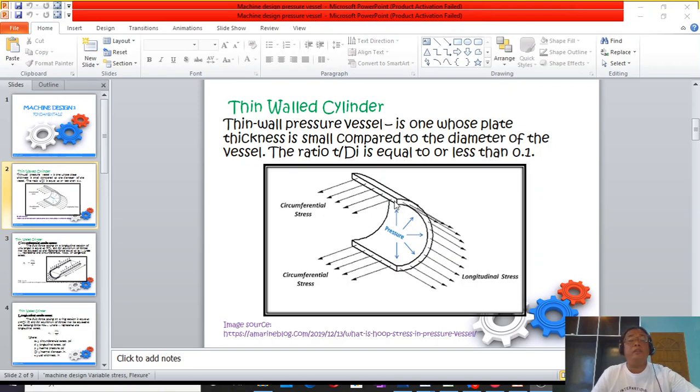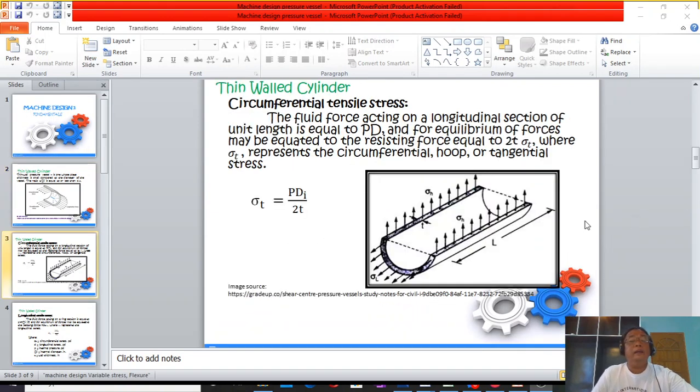Take note, class, that we can easily equate the forces acting here against the force created by the pressure inside the pressure vessel. So we can say that the force acting at this side plus the force acting at the other end will be equal to the force due to the pressure of the pressure vessel.